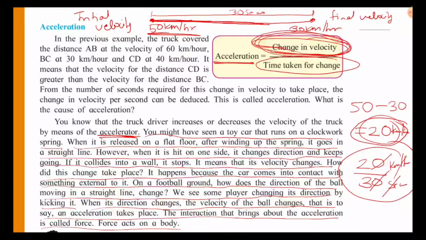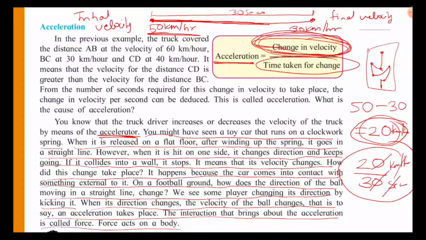Okay, so what it is trying to say is that whenever we need to change the direction of any object, we need to change its velocity. It is giving the example of a football on a ground. Suppose the football has been kicked over here and passed over here, and here, and here, and then put in the goal.